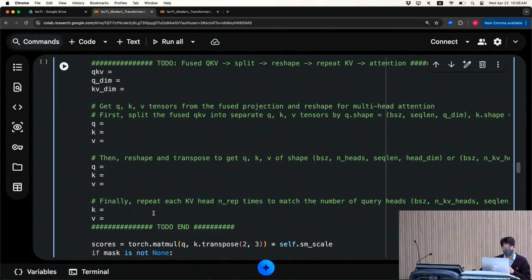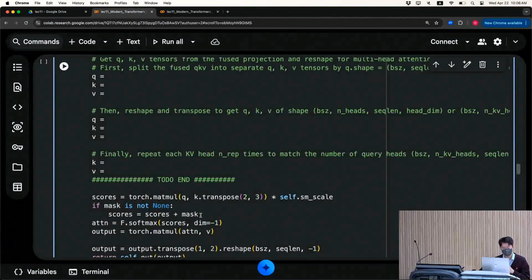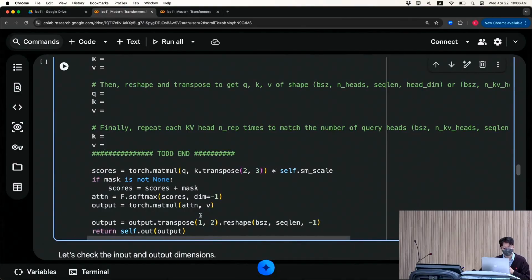Okay, and finally, we're going to repeat the KV head n repetition times so that we can use the repeat KV head method. This is just to help you understand what's inside, but in real practice, we're not going to repeat KV cache. That defeats the purpose. It's going to be broadcasted automatically.